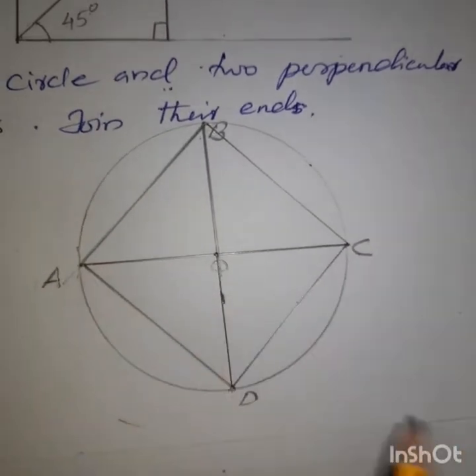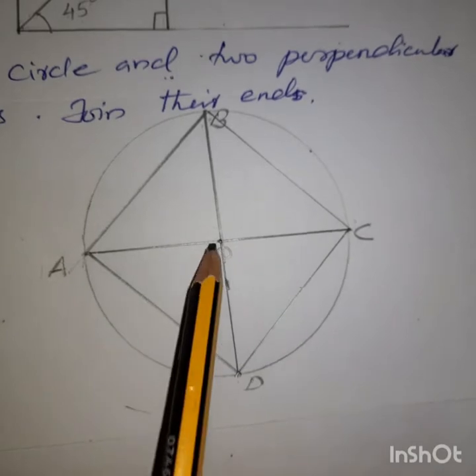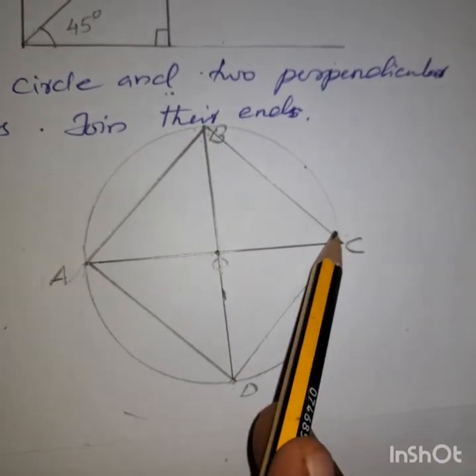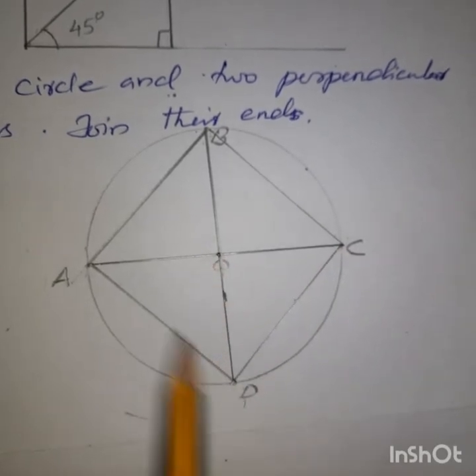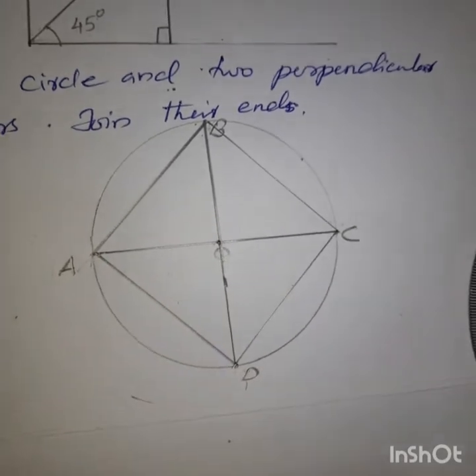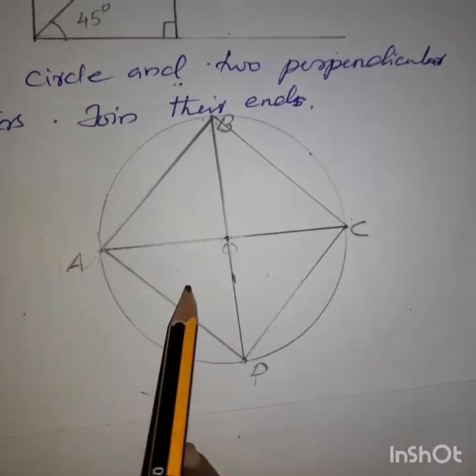You got a square like this, A, B, C, D, and OAB, OBC, OCD and ODA are congruent triangles. Congruent means equal triangles. 4 triangles you are getting.